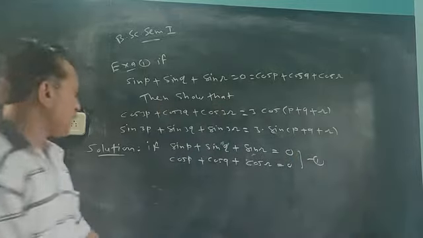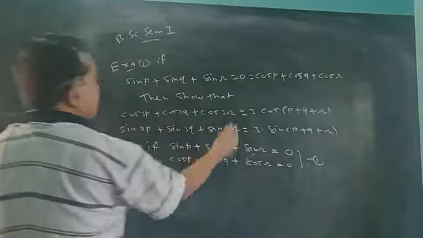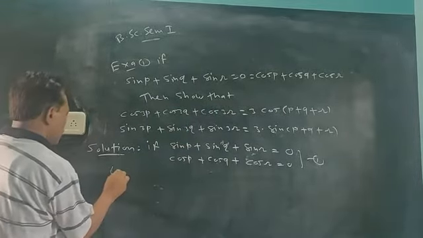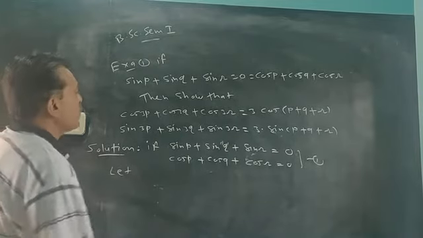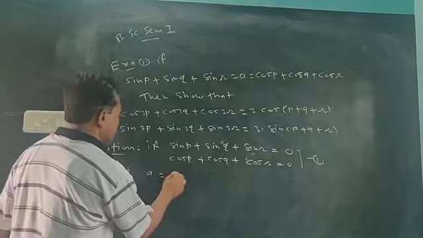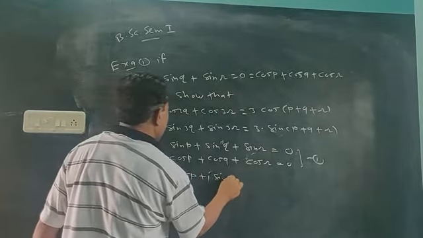Then we have to show this, with the power being 3, involving p, q, r. Let a be cos p plus i sin p.